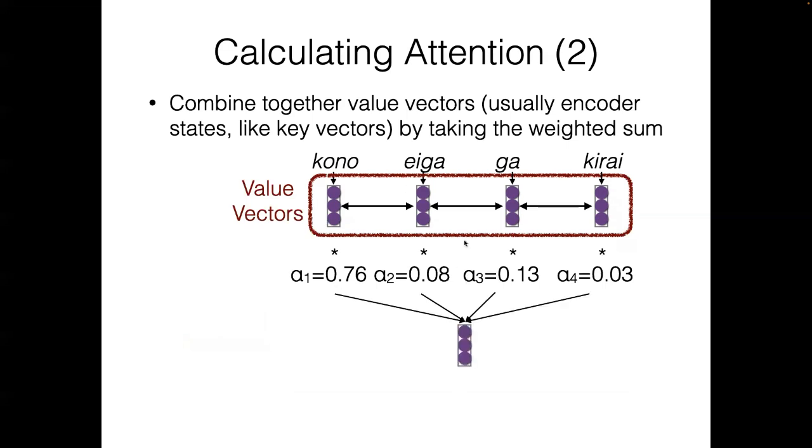And then again, we take this weighted sum, and you get some output. And then you can use this output in different parts of the model. So in the last class, we talked about how you can use it in an RNN, say in the output layer. But you could think of this attention as giving you some vector, and then you're free to use it in different parts of your neural architecture.